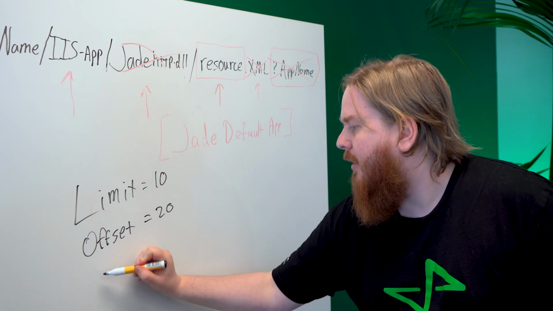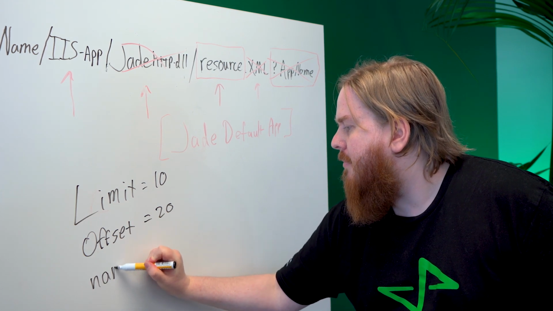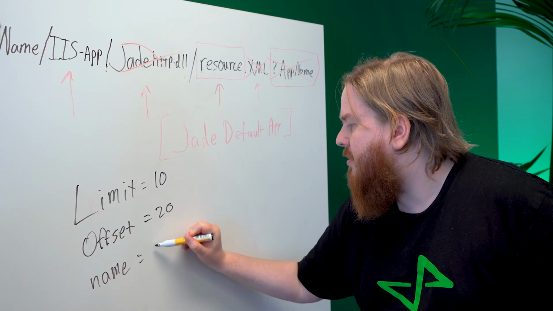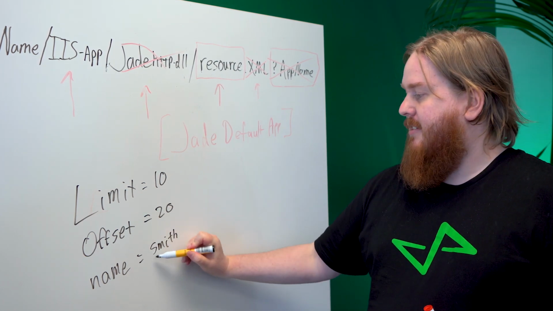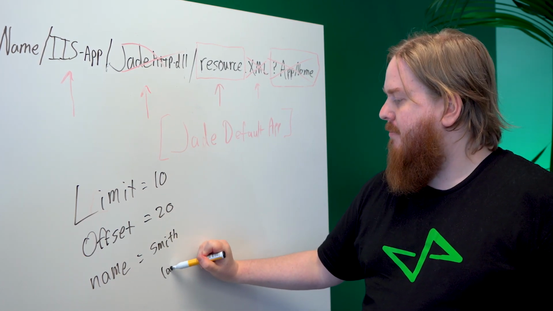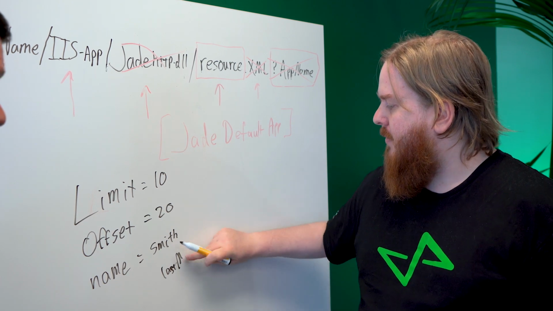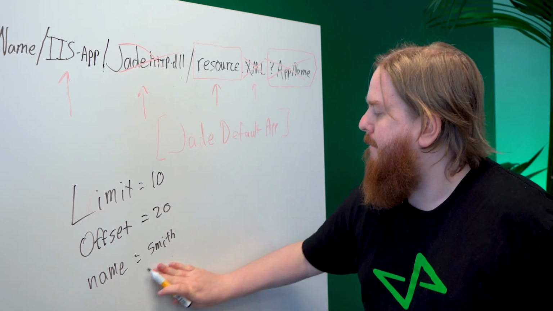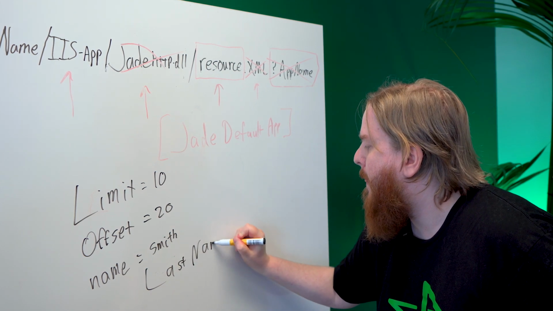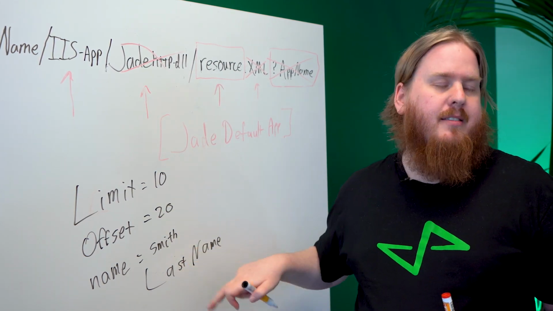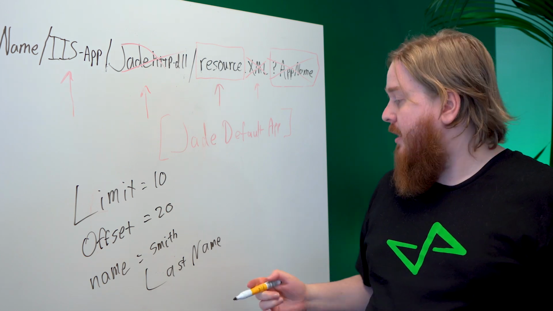So I could put something like name equals Smith, and let's say that this is a last name. Oh, if I can write correctly. Let's say that Smith is a last name and that happens to be the key in your collection.